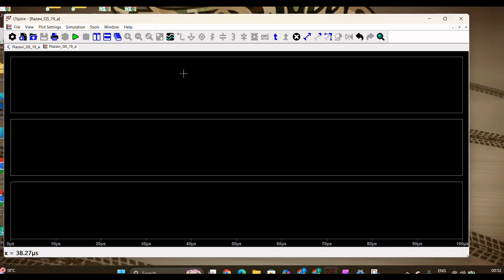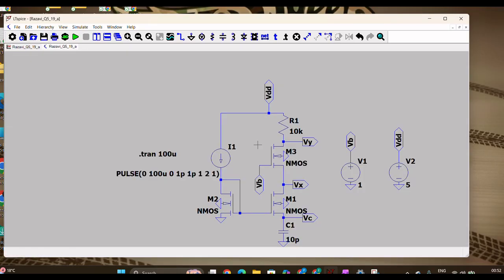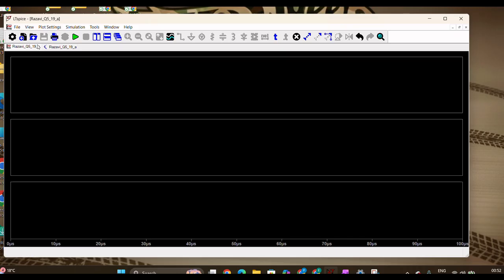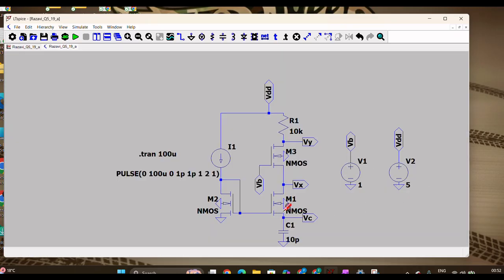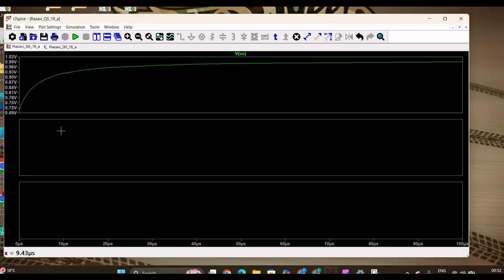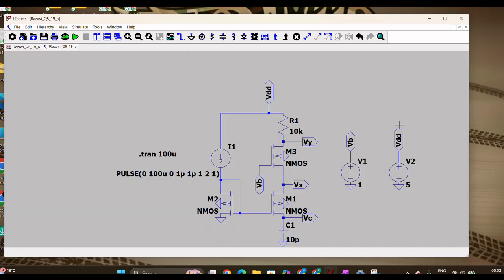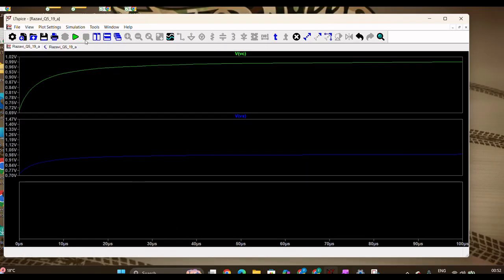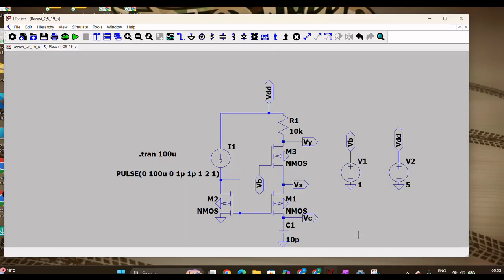Let's run, and I have to select first. I will plot VC here. So this is VC, and we can see VC is a rising voltage, and then Vx here, and then our Vy. This is our Vy.